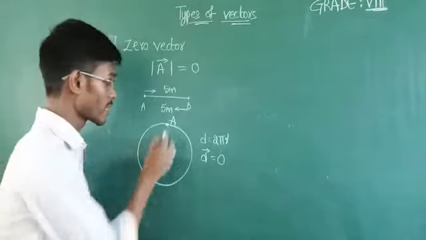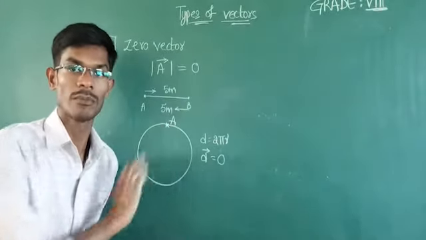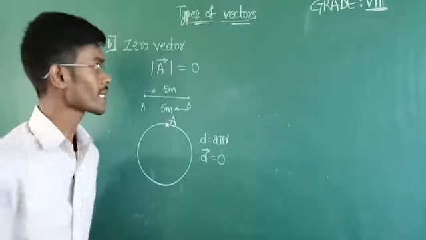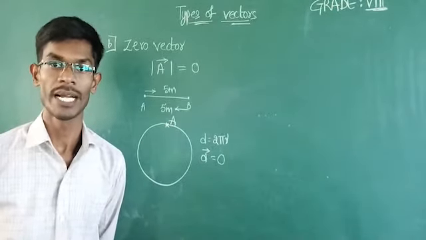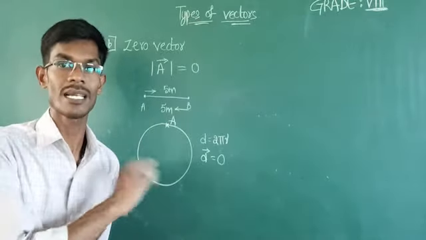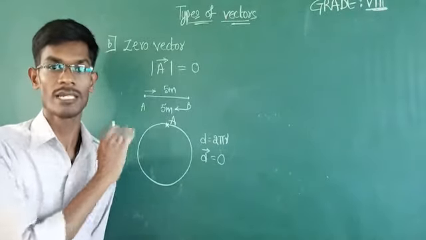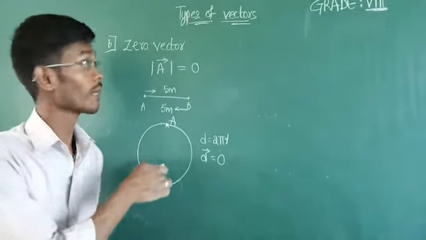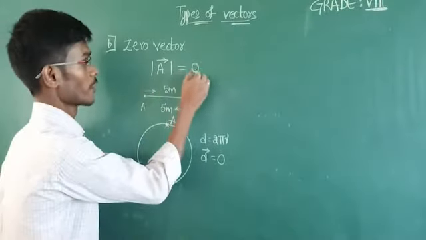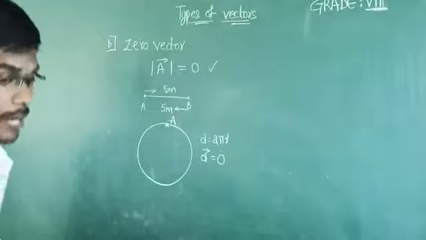Why? Because the initial and final positions are the same, so the magnitude becomes 0. These types of vectors are known as zero vectors. Their direction is undetermined or arbitrary. The direction of a zero vector is undetermined and the magnitude is equal to 0. This we call a zero vector.